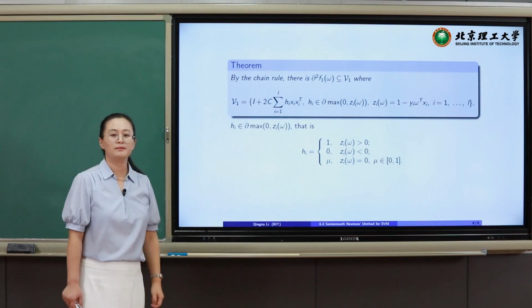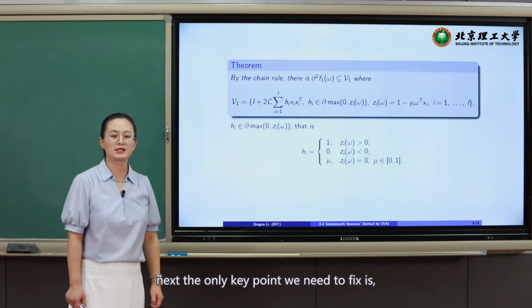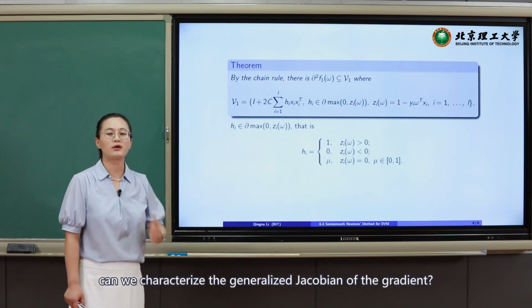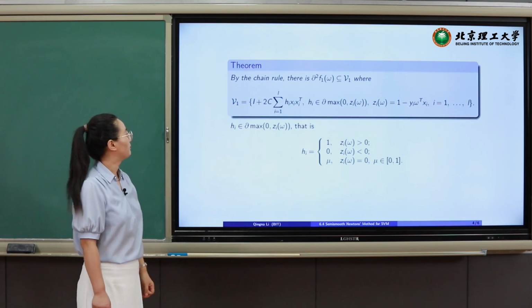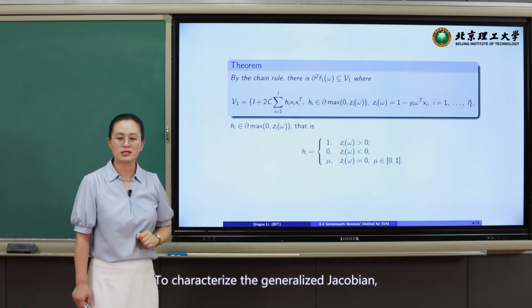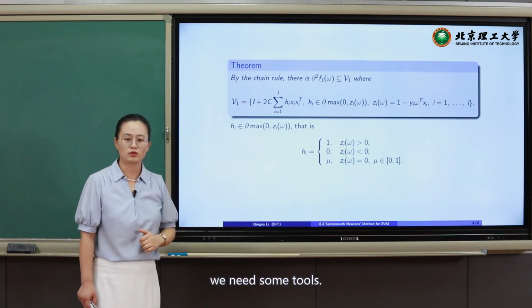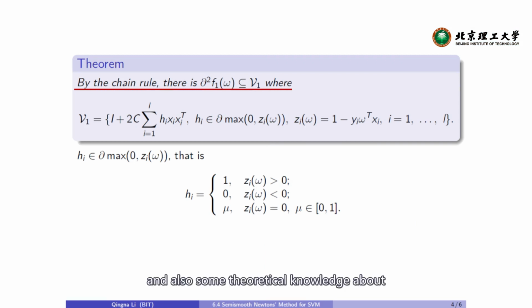Now, next, the only key point we need to fix is, can we characterize the generalized Jacobian of the gradient? To characterize the generalized Jacobian, we need some tools. For example, we need some chain rules and also some theoretical knowledge about how we characterize this generalized Jacobian.